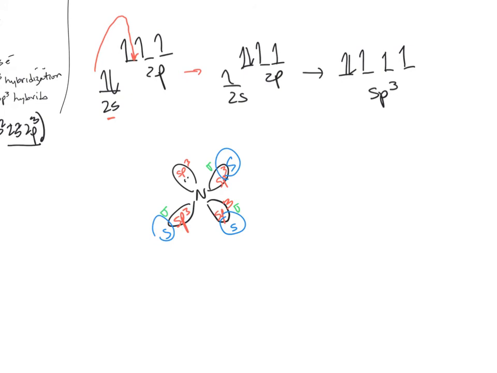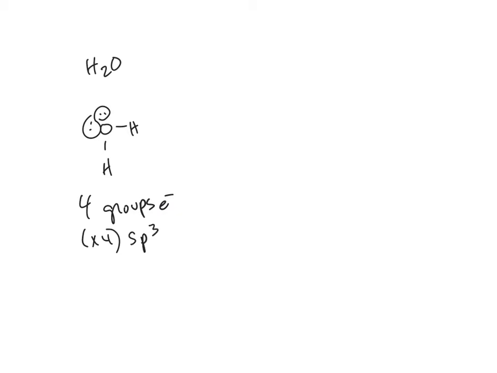All right, the next one is water. And the Lewis structure will look like this. So you say there's 4 groups of electrons. Therefore, I need 4 sp3 hybrids.